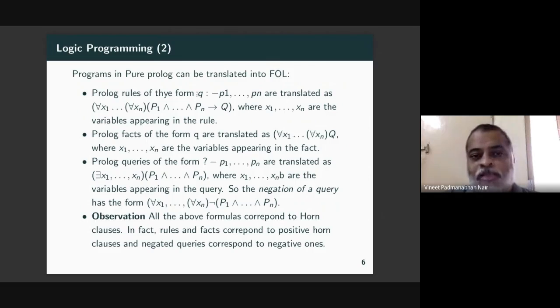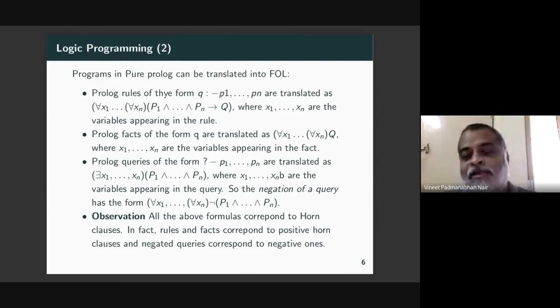Once you write a rule of this form, Q, two dots and a hyphen, and P1 to Pn, then this actually means Q if P1 to Pn. Or if you have to read it the other way, then it means if P1 to Pn, then Q. So the arrow is actually going the other way around. And this is very crucial as far as the Prolog syntax is concerned.